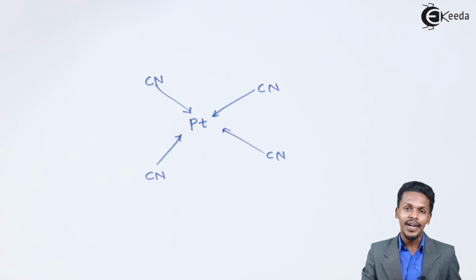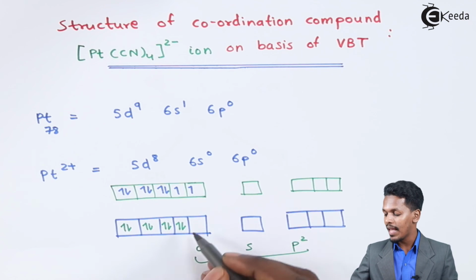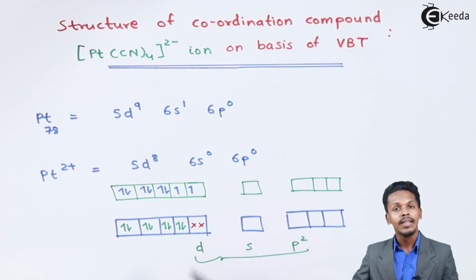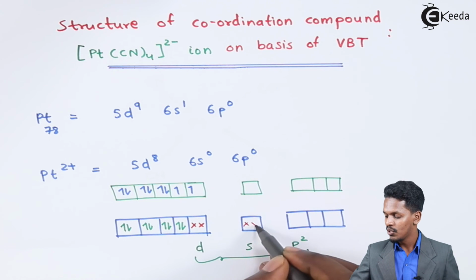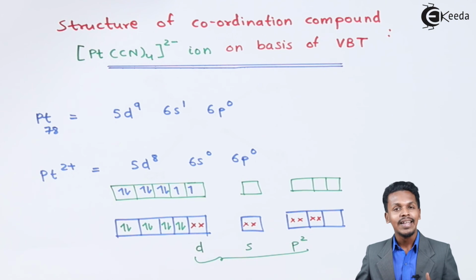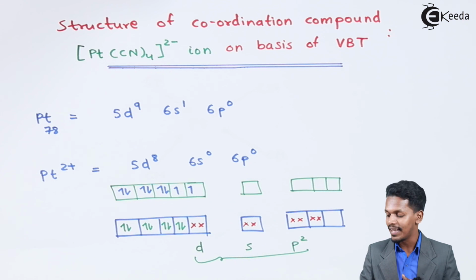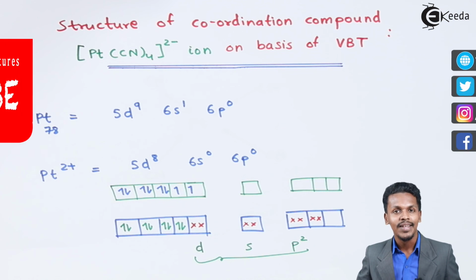So these empty orbitals will overlap with the ligand orbitals, and this is the 1, 2, 3 and 4th ligand. So the 4 cyanide ligands will overlap, and the more the extent of overlapping, the stronger the bond strength will be, and this is what I wanted to discuss.